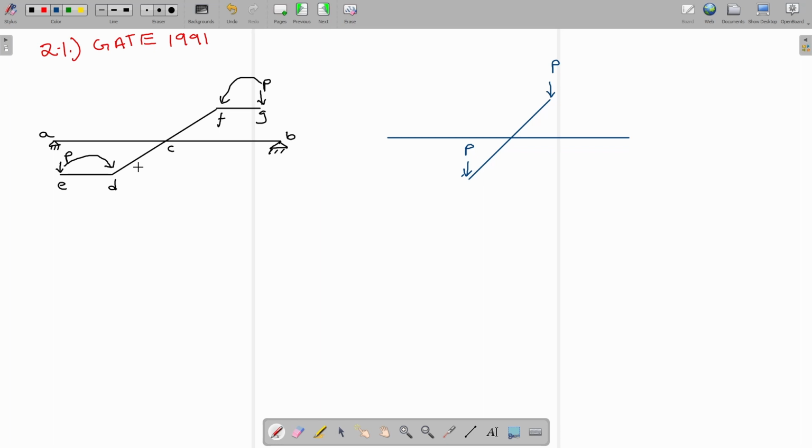Now since the load is being transferred from E to D, there will be a moment. So we are going to take the effect of the moment. Here the moment will be acting in anti-clockwise direction, like this.